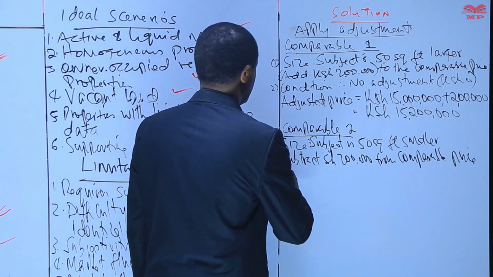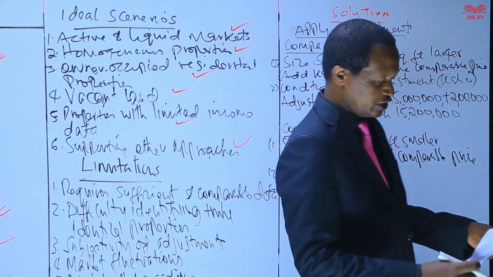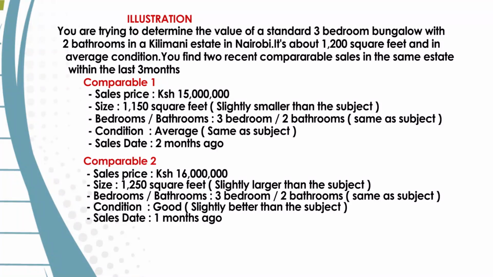Then the second adjustment will be in relation to the condition. What do we read for condition? Look at the information given. The comparable is in a better condition, slightly better than the subject. If it is in better condition, then we are going to subtract the 300,000 because in making adjustments we read a property in good condition sells for about 300,000 shillings more than one in average condition.